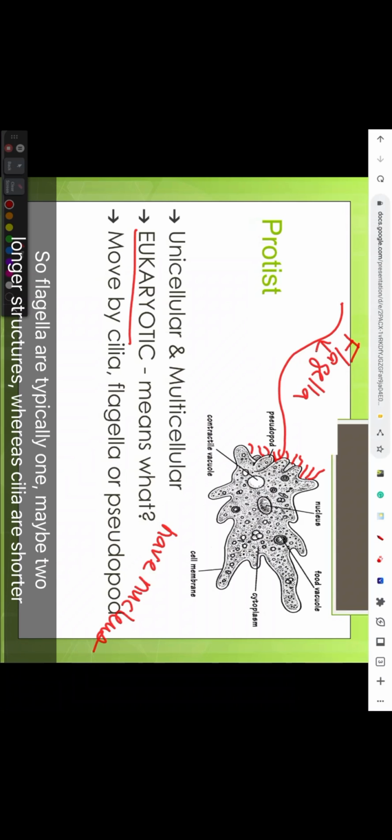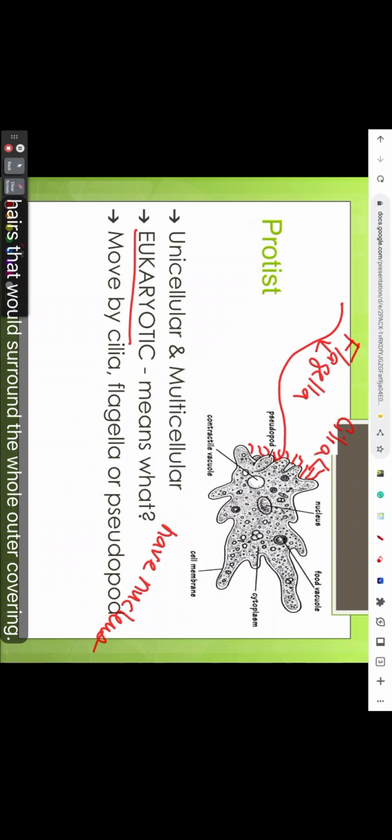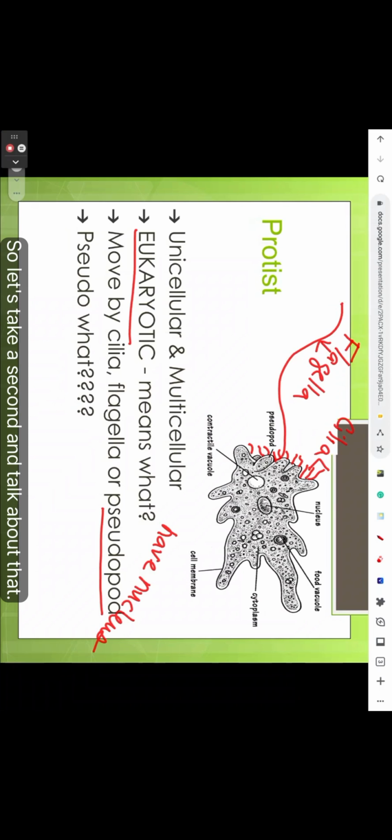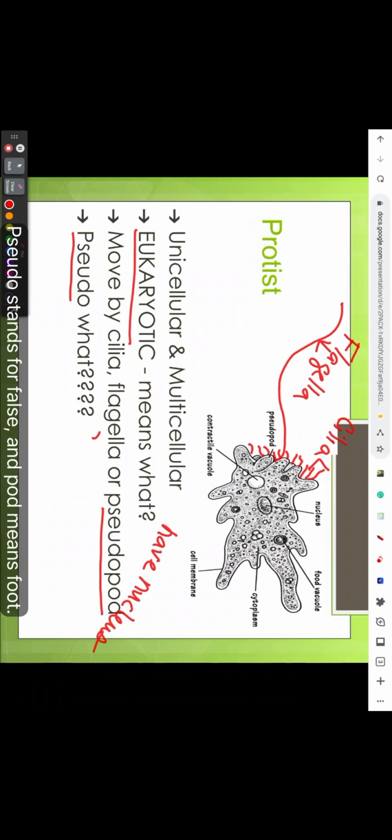So flagella are typically one, maybe two longer structures, whereas cilia are shorter hairs that would surround the whole outer covering. The other way that protists can move is something called pseudopods. Let's take a second and talk about that. Pseudo stands for false, and pod means foot.